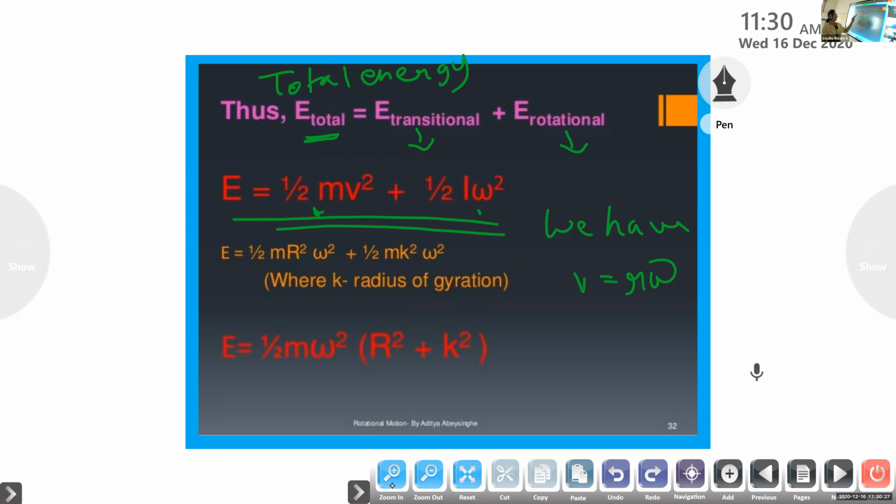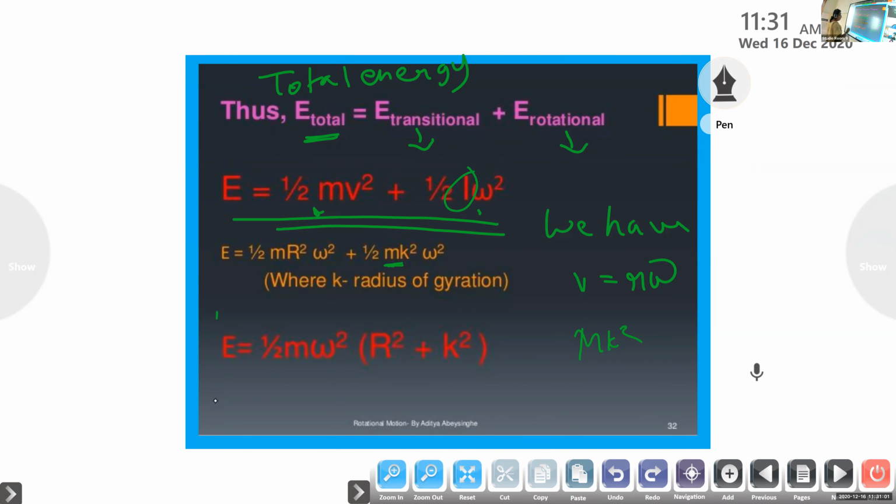Just substitute that value here. Then you will get half M R square omega square plus, instead of I, the total moment of inertia in terms of radius of gyration. Instead of I, we can write M K square omega square. Now half M omega square is common.